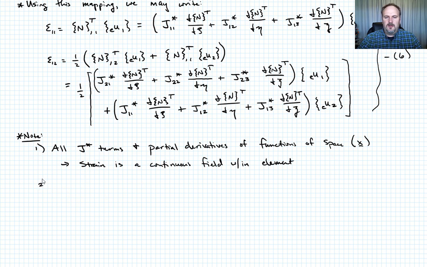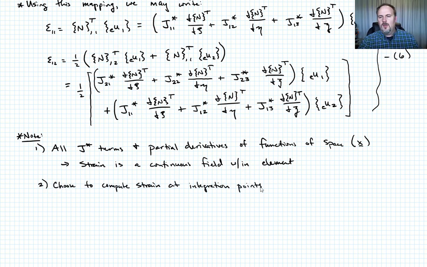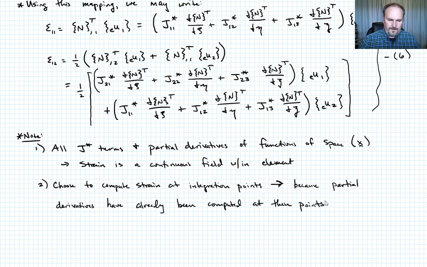That's still a little challenging if we're writing our own code and want to know where to report the strain. So we can compute the strain anywhere, but we're going to choose to compute it at the integration points. And why do we do that? Because the integration points are where we have already computed the values of the partial derivatives, okay?